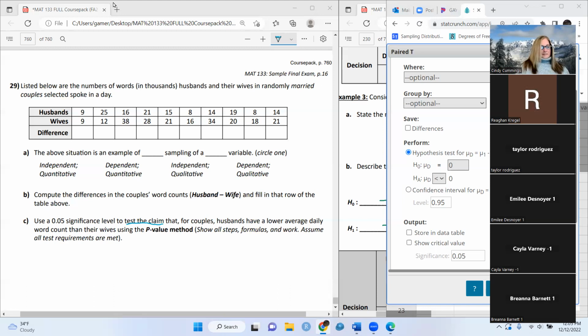I just need to look back at my notes and see when to do the 0.5 and when to do the 0.25. Maybe it's because this is not a mean. Okay, so this is a 2 sample, Michigan versus California. So Laura's got it. It should be 0.5 because it's a 2 sample.